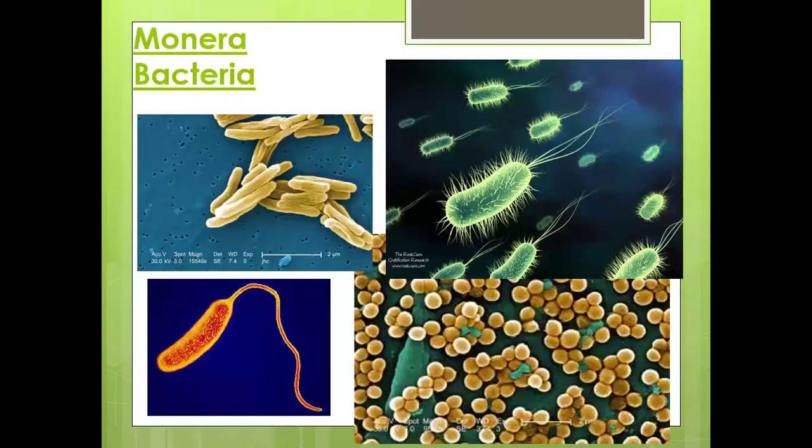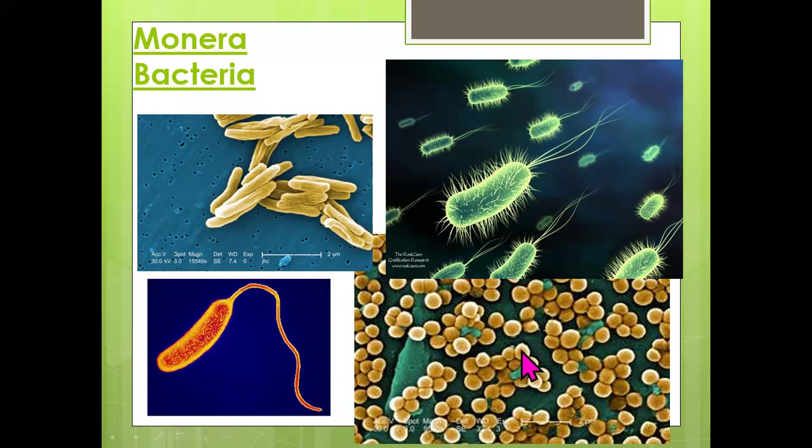So we can have Monera. Monera are prokaryotes, and we can take bacteria as an example. All these pictures that we are seeing are different bacteria with different shapes. We can have those that are spherical in shape.